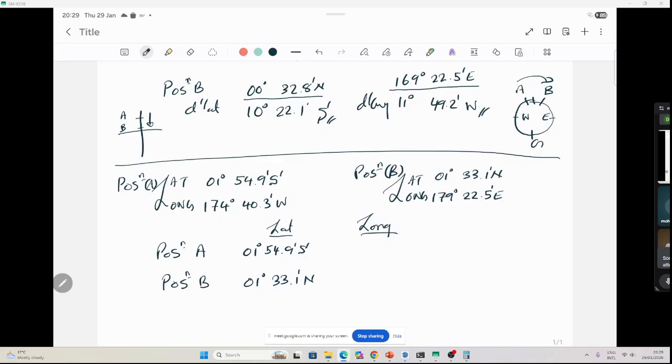Position A, longitude is 174 degrees, 40.3 minutes west. Position B, longitude is 179 degrees, 22.5 minutes east.